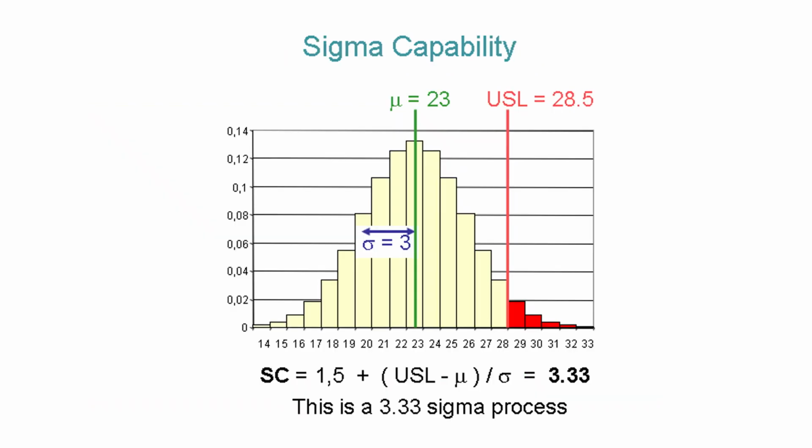A capability metric used for business processes is sigma capability. This metric is equivalent to CPK when there is only one spec limit.